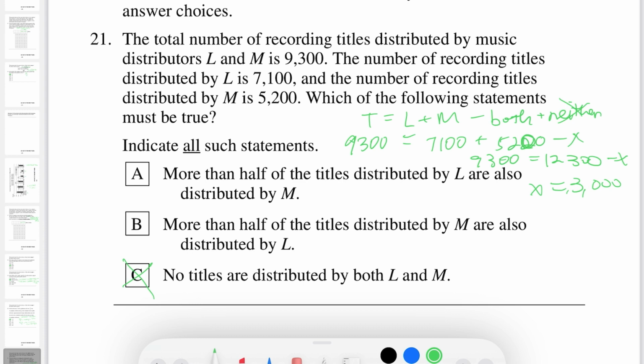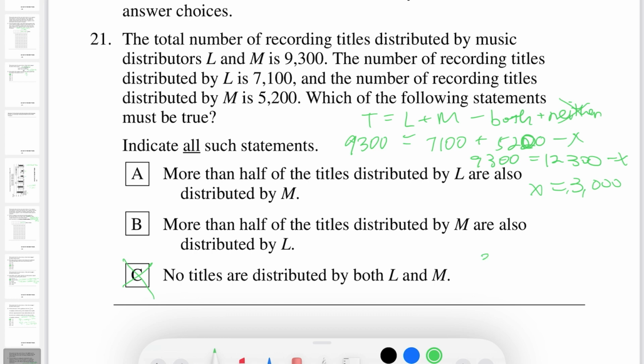And I'm going to find the percentage of titles that is for L and M. So what I mean is, 3,000 is what percent of L's titles, and 3,000 is what percent of M's titles.